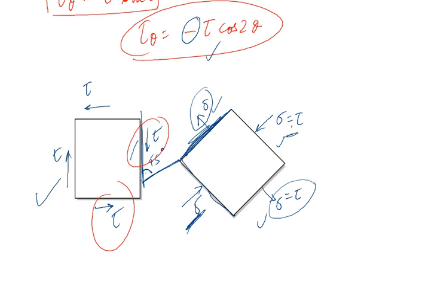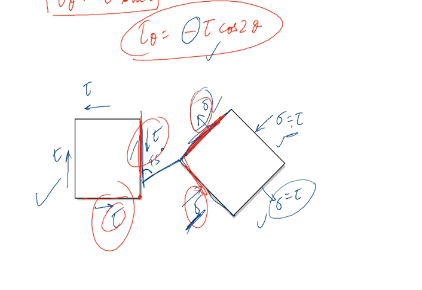So if I take this point, I have these two pure shearing stresses being applied upon it. If I go 45 degrees to these planes, on those planes you will have simple tension and simple compression, and they will both be equal.